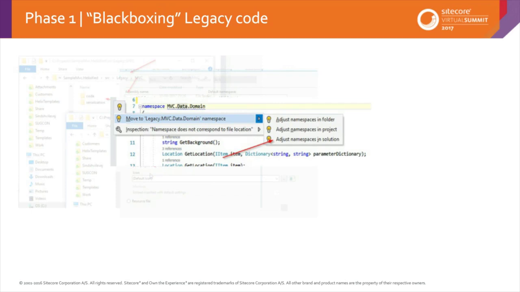This is actually quite important. Ensure that you clearly visualize all the legacy code using the namespaces. Ensure that you can see by the project name in Visual Studio that this is legacy, to avoid making accidental dependencies.